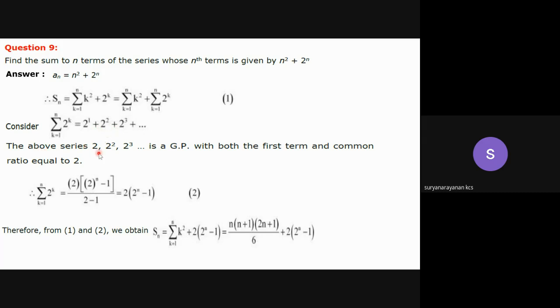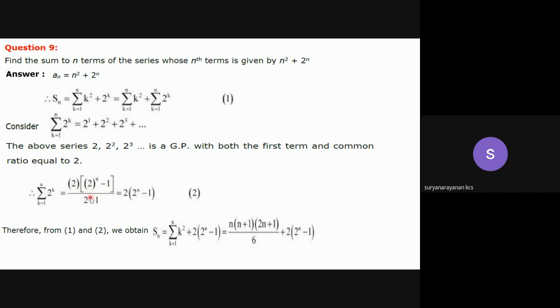So the above series 2 comma 2 square comma 2 cube, it is a GP, geometric progression, with both the first term and common ratio 2. Here first term is also 2 and the common ratio of the geometric progression is also 2. So we know that sum of the n terms of geometric progression, if r is the common ratio greater than 1, is a into r to the power of n minus 1 by r minus 1.